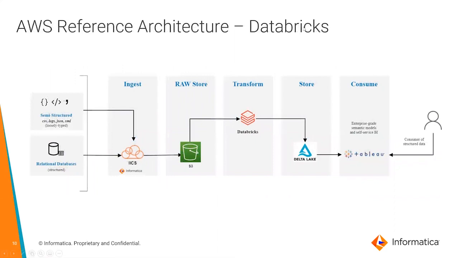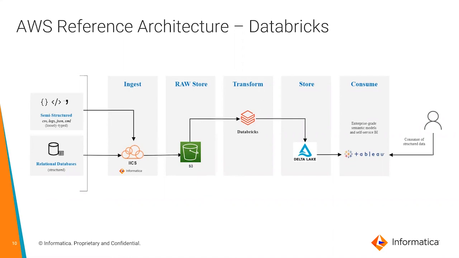Here's a similar AWS-based reference architecture, which has a Databricks Delta Lake as well in the storage and transform layer. The ingestion is with Cloud Data Integration, and S3 is being used as a raw layer, and consumption is with Tableau.